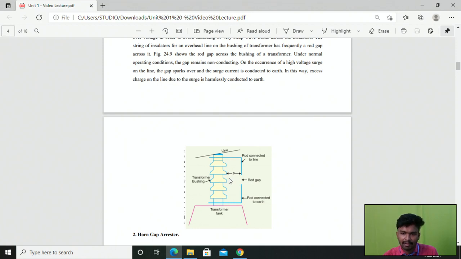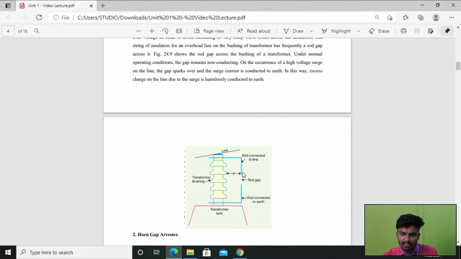Right, so the gap between these two rods is non-conducting, because no spark over is created here. But on the occurrence of any high voltage surge on the transmission line, whenever the extra surges are created, they start to flow through this rod to the ground this way.